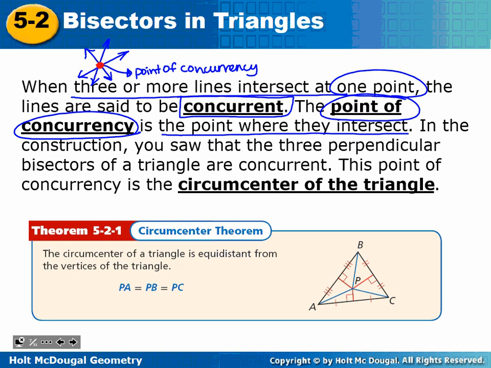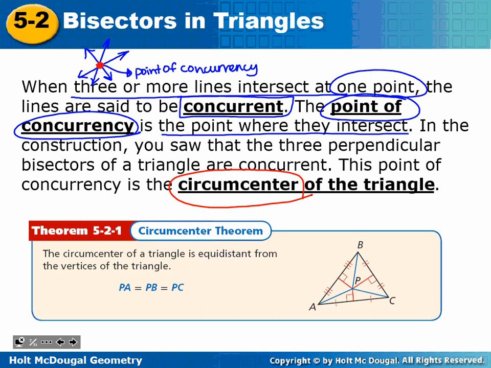And do you notice, if I did it really accurately and correctly, all 3 of those green lines are concurrent. They intersect at a common point. Do you see that? This point right here, again today, what's the general name for it? Point of concurrency. But now, because it's made by perpendicular bisectors, it's going to have a special name. That point is called the circumcenter.